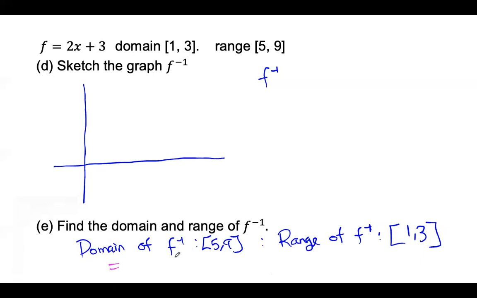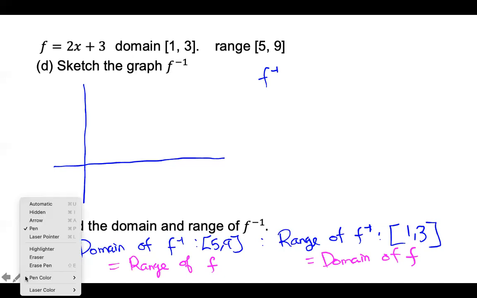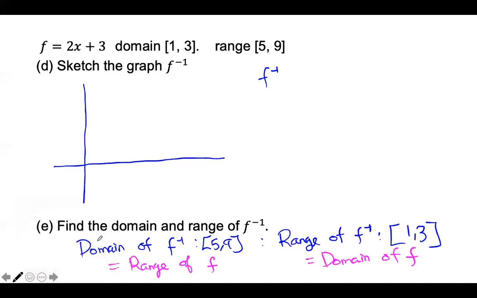So the domain of the inverse is actually equal to the range of the function f. And the range of the inverse is actually equal to the domain of the function. Okay. So it helps us sort of plot them.